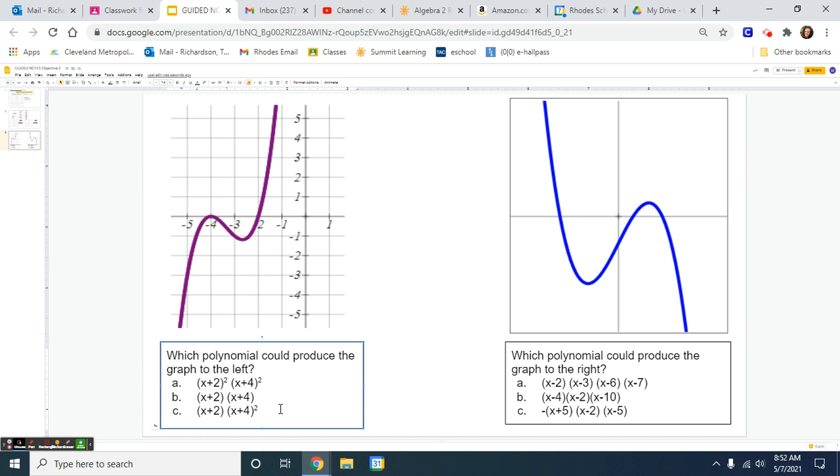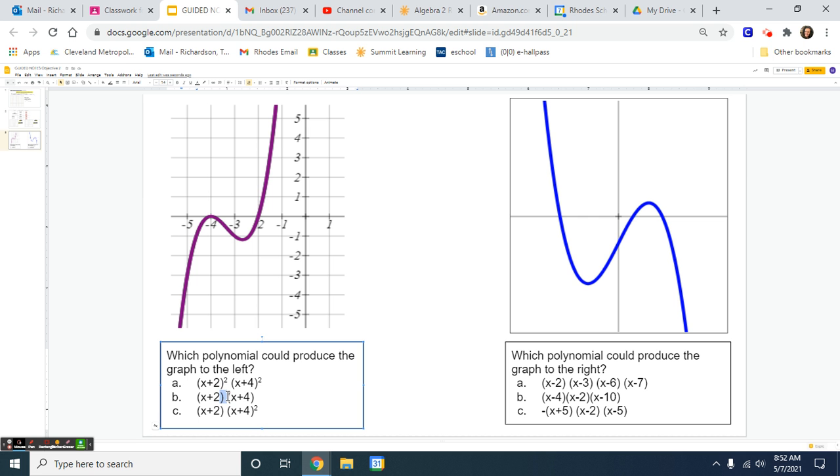Odd means opposite. So which of these equations have an odd degree? Now, these are a little bit different than when I showed you degree before. What you have to do now with these ones is actually add up your exponents and see which one gives you an odd number. So for example, if I added up 2 plus 2, that would be 4, right? 4 is not an odd number.